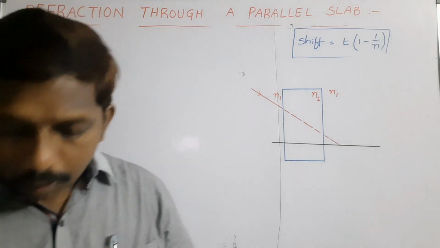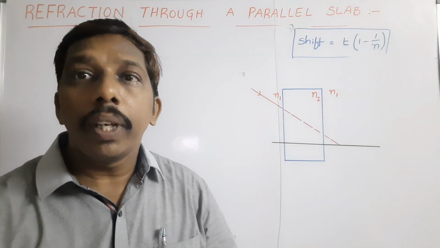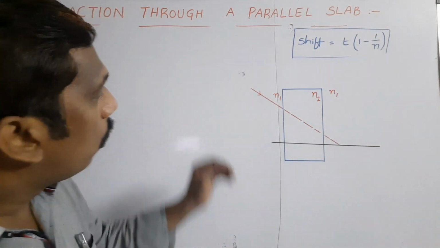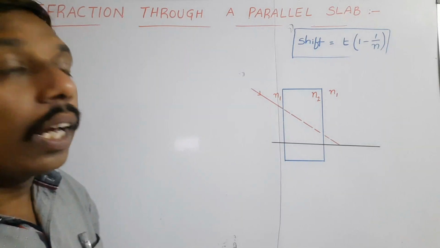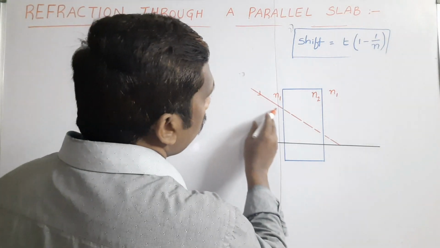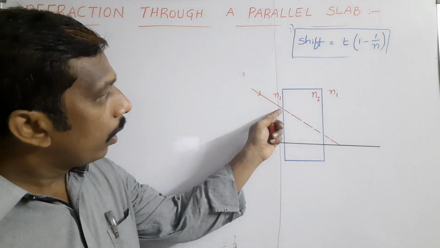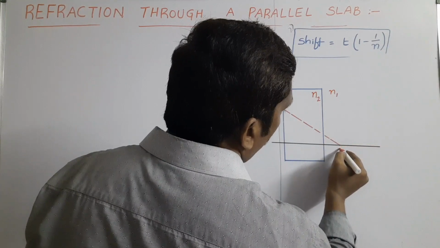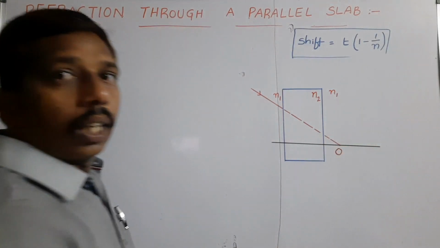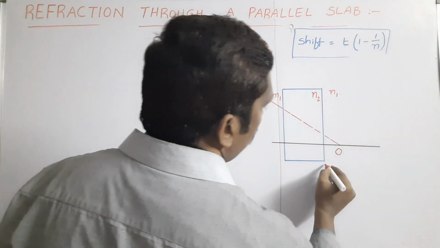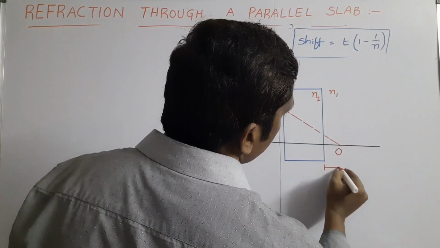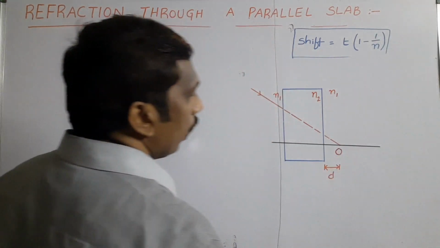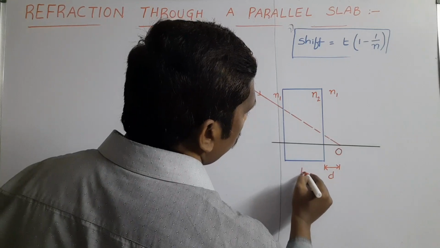Next. In the previous case we discussed that the object is a real object. Now we discuss the virtual object case. A converging beam of light rays is incident on the glass slab. So this is the converging beam. If you extend this, it appears to form an object here. This object distance is taken as d meters from the slab. The thickness of the slab is taken as t meters.